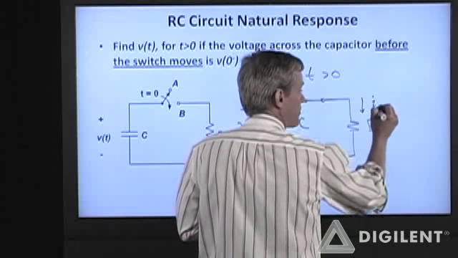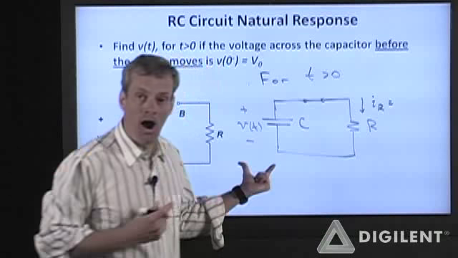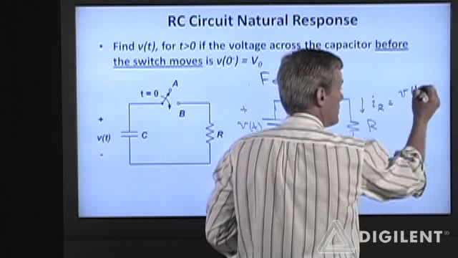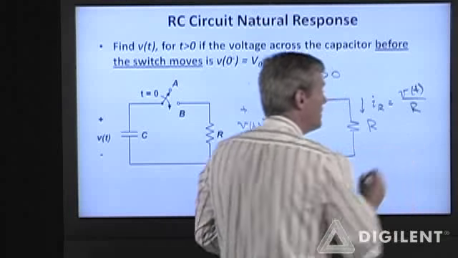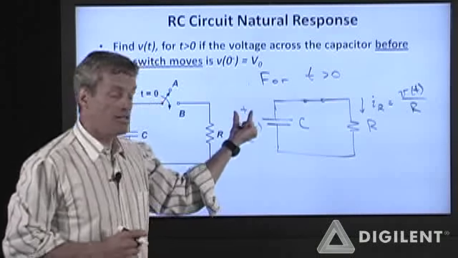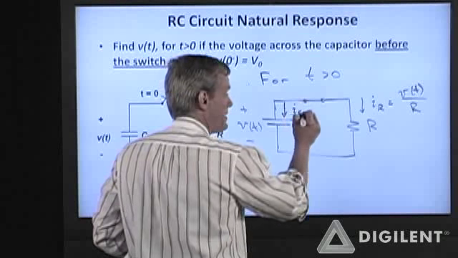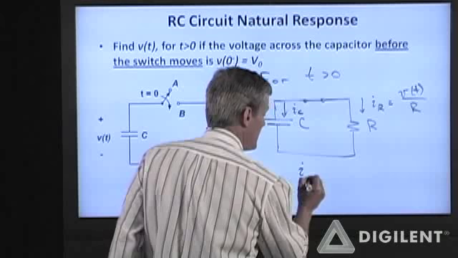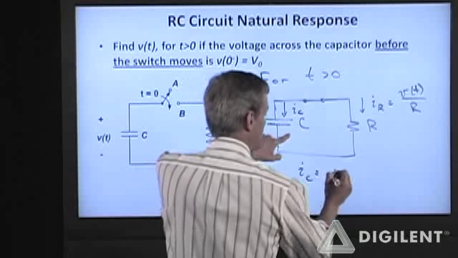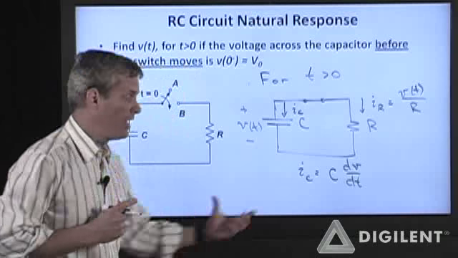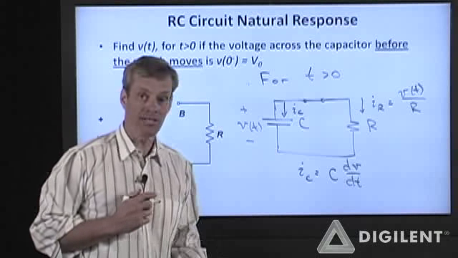Okay, the current through this resistor, I sub R, by Ohm's law, is just V of t over R. Notice that my current is entering the positive voltage node. My current through the capacitor, I sub C, is equal to C dV by dt. Okay, the voltage-current relationship for a capacitor.